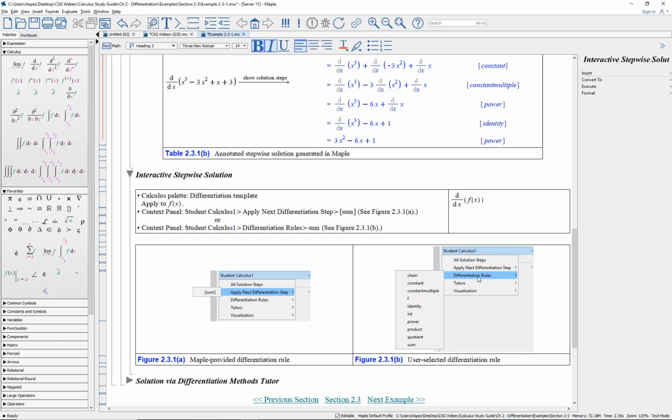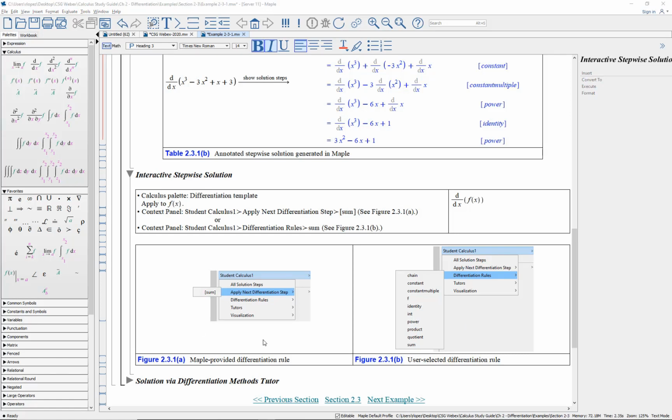Or you can ask for the list of rules, and then you select from that list of rules which rule to apply next. So not only will Maple just give you the answer, but Maple will allow you to work your way through to the answer step by step.